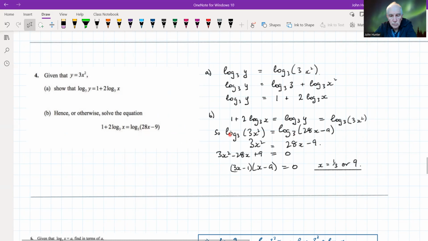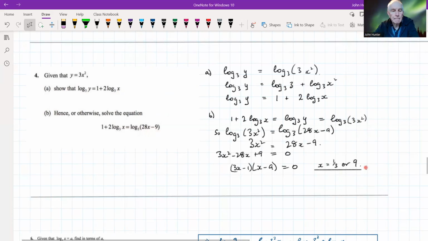We've just substituted log base 3 of 3x squared in for this. Therefore we can exponentiate base 3 on both sides, in other words just strip out the log base 3, which gives us 3x squared equals 28x minus 9. Rearrange that to give us this quadratic, which we factorize to this, giving us this solution here.